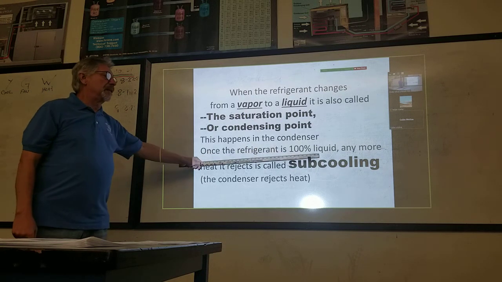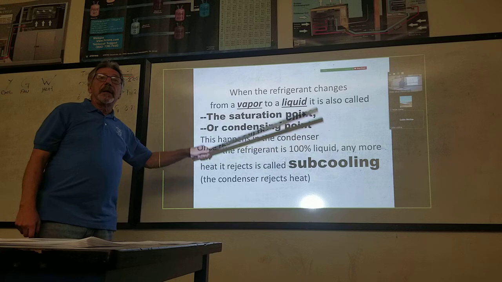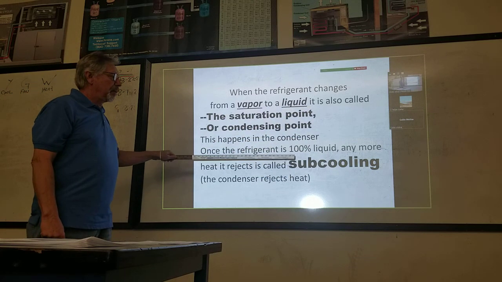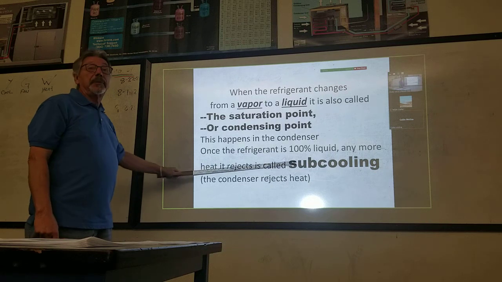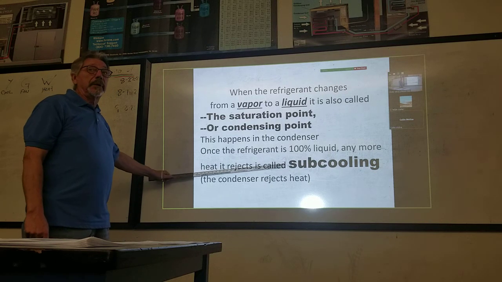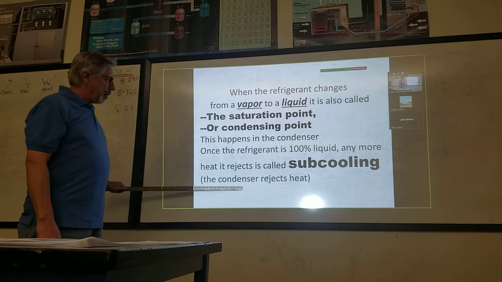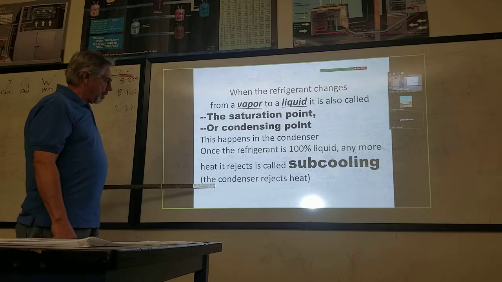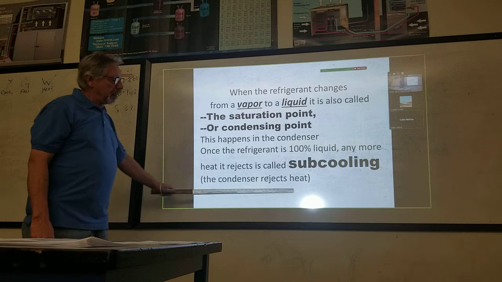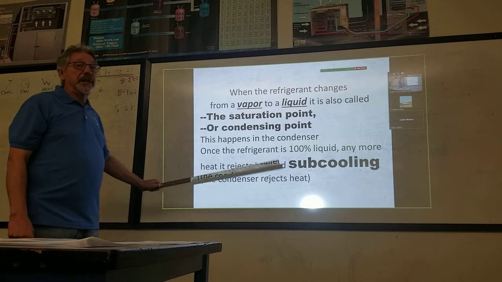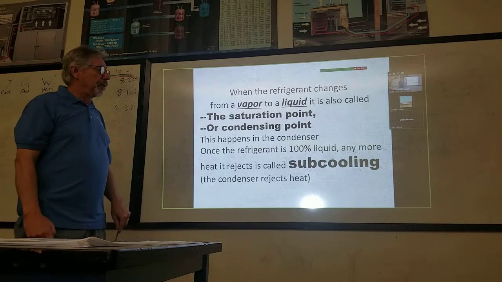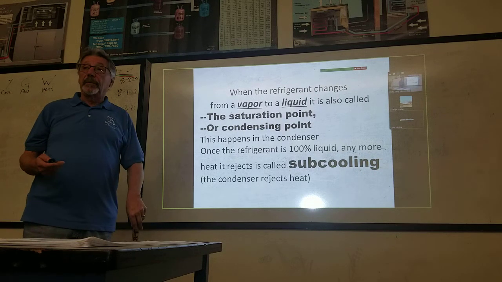Once a refrigerant is 100% liquid, any more heat that it gives up is called subcooling. In parentheses, the condenser actually rejects heat, and that's what causes it to change from a vapor to a liquid, right?